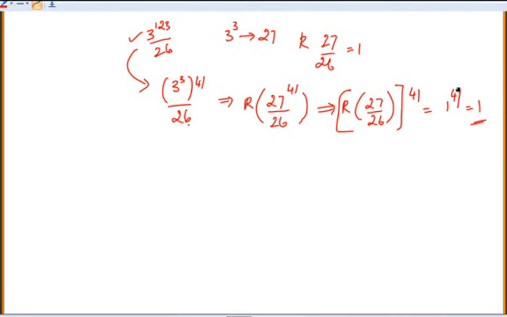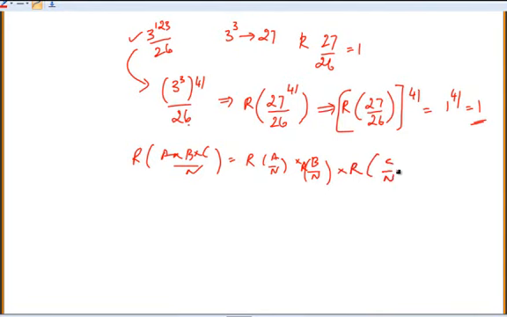So all that we have done here is use the fundamental principle that the remainder of a into b into c by n is equal to the remainder of a by n into the remainder of b by n into the remainder of c by n, right? When this remainder gets raised to 41, it's nothing but the remainder multiplied 41 times, so all these a by n, b by n and c by n are the same. That's what we learned earlier. So this is another way to look at the same problem.